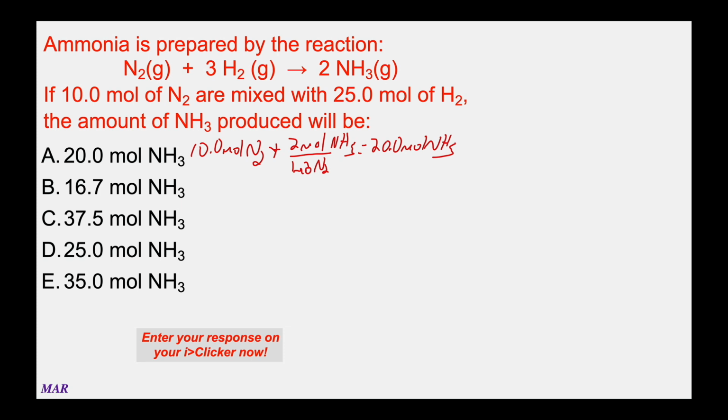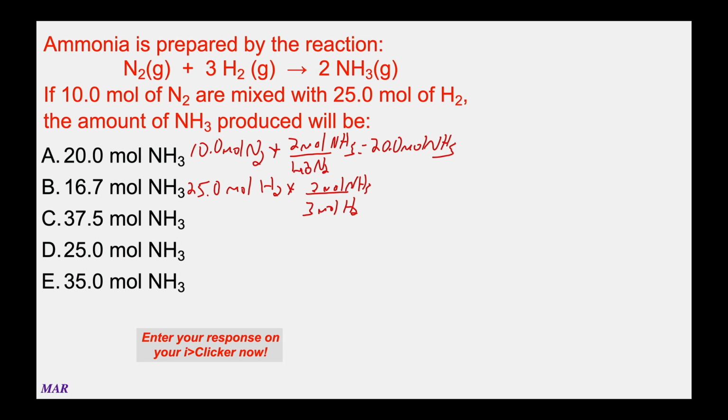But you really should do it for the other one too, all right? Because just because 25 looks like it's big compared to 10, but the stoichiometry sometimes will be really, really weird. So also do this from the other reactant's perspective. So you can start with 25 moles of H2, and there are 3 moles of H2 for every 2 moles NH3, and again the 2 and the 3 just come from the balanced equation.